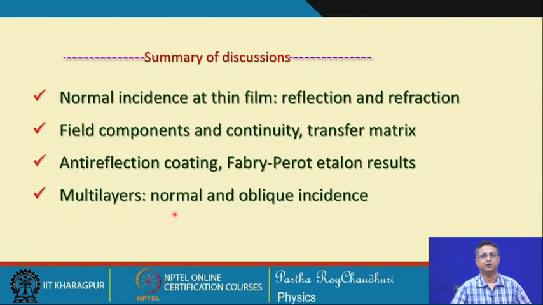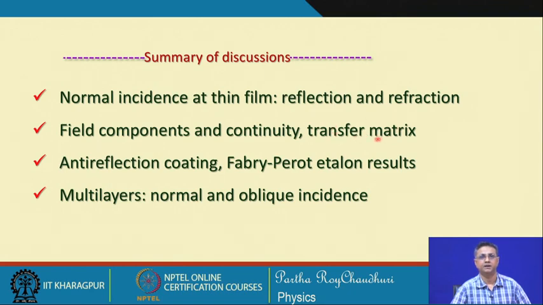Okay. So, today we have discussed thin films, and we looked at the reflection and refraction from the film. Then we wrote down the electric field components, and devised the transfer matrix to relate the electric field components for the consecutive layers.